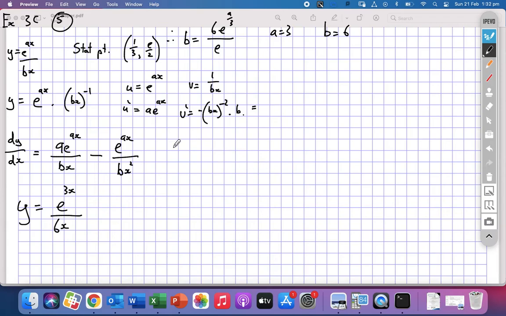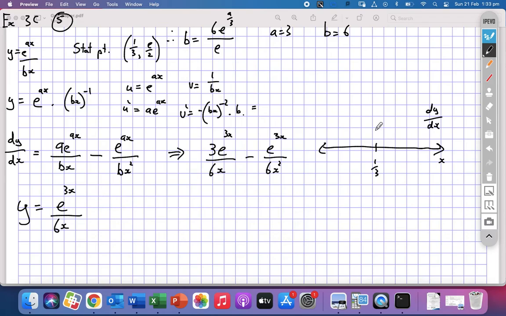We now know that the derivative is 3e to the 3x on 6x minus e to the 3x on 6x squared. I know that on the sign diagram of the derivative, dy dx, there is a stationary point where x is a third because that was told to me.